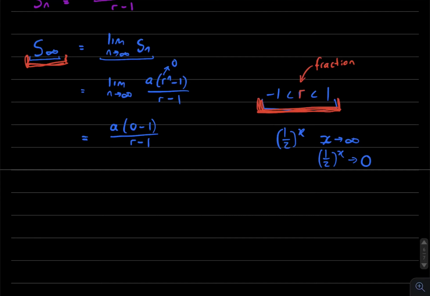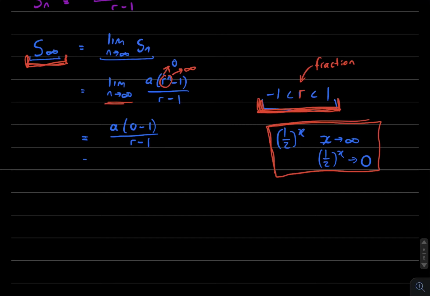So they are all small numbers. When you raise a small number like that to a bigger and bigger exponent, which is basically what we're doing here, n is going to infinity, that's what our limit says, this entire term r to the power n will go to 0. Just refer back to our previous example if you're still a bit on the fence about that.